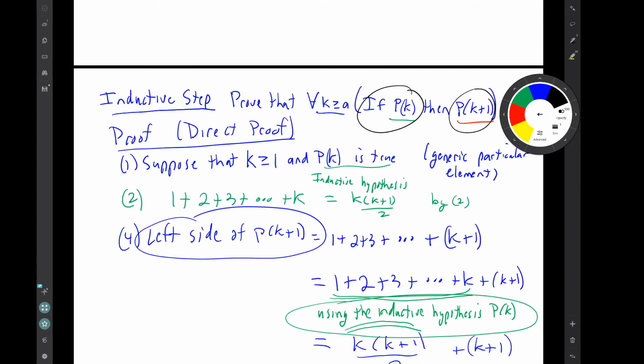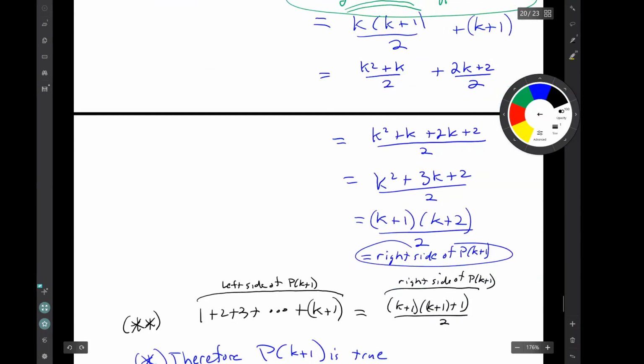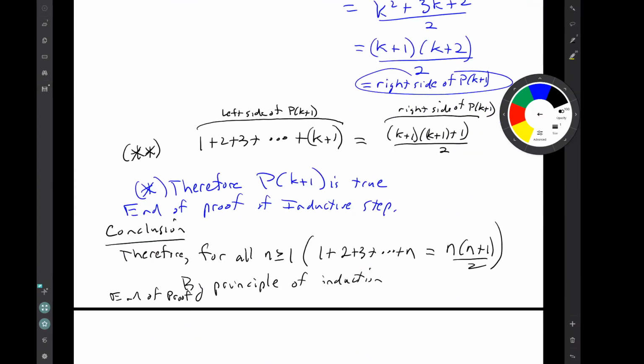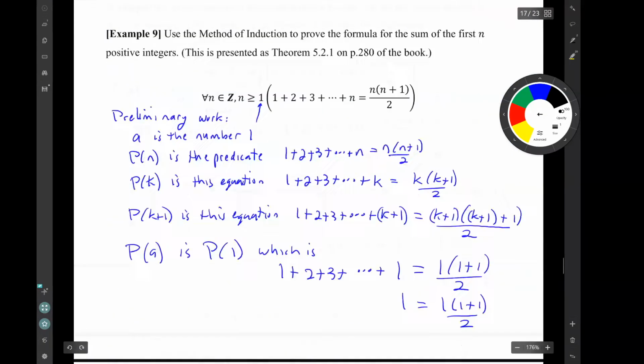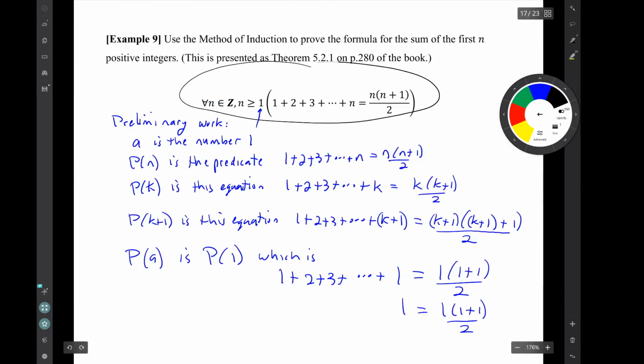But we didn't prove that either one of them is true. We just said if that one's true, then that one's true. That's what goes on in the inductive step. And then the amazing thing is we get to write this conclusion. So we've proven that for all integers n greater than or equal to 1, that equation's true. So that's our first proof using induction, and it took a long time.